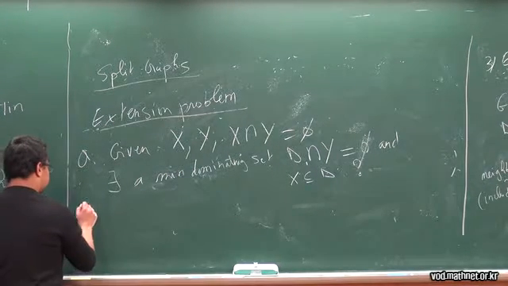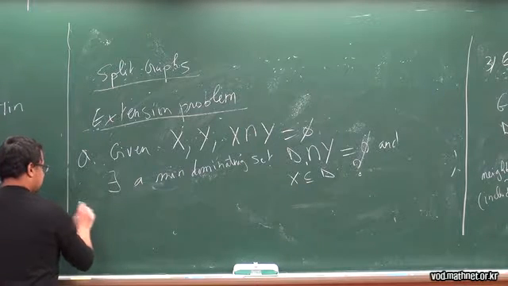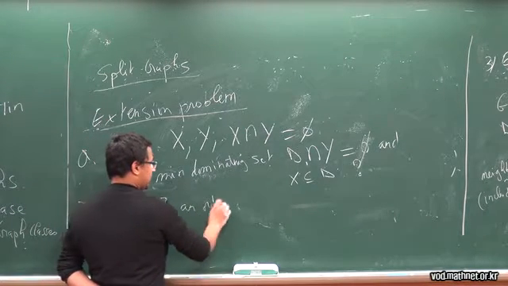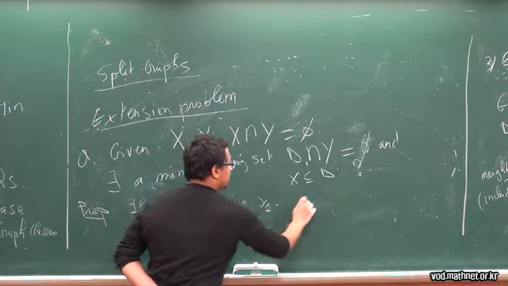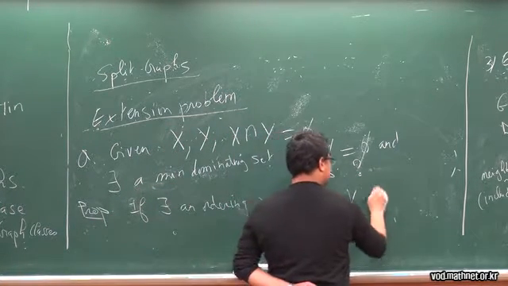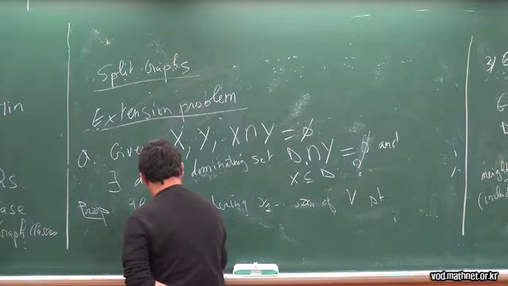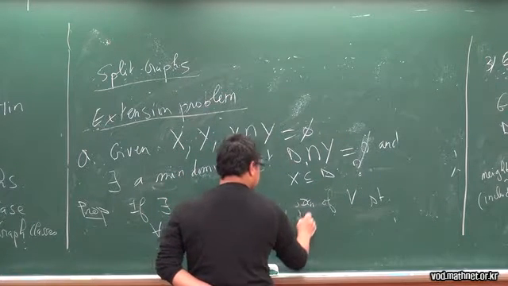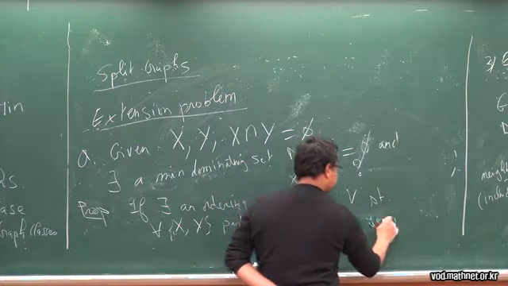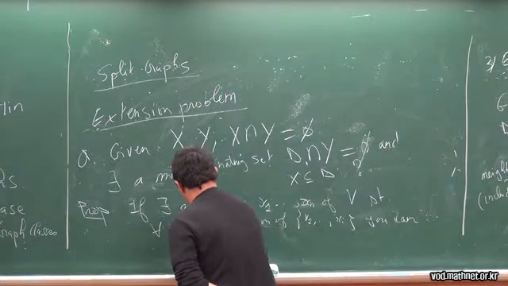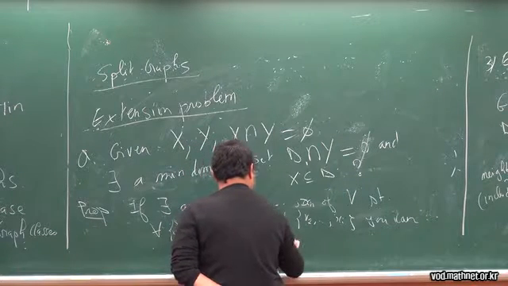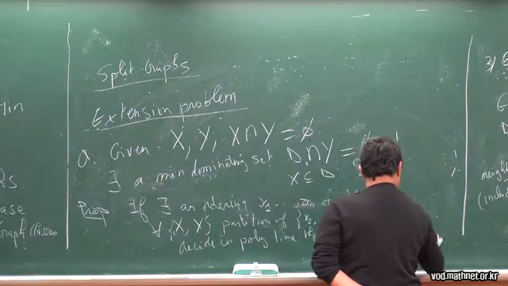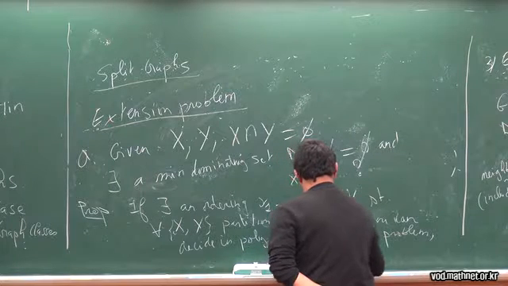So what you can prove is the proposition: if there exists an ordering x1 to xn of V such that for all partitions X, Y you can decide the extension problem in polytime, then you have a polydelay algorithm.